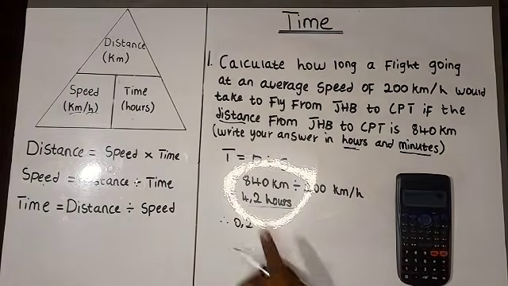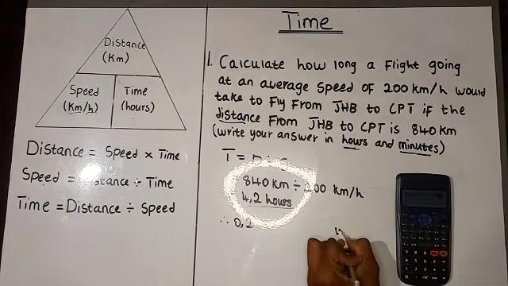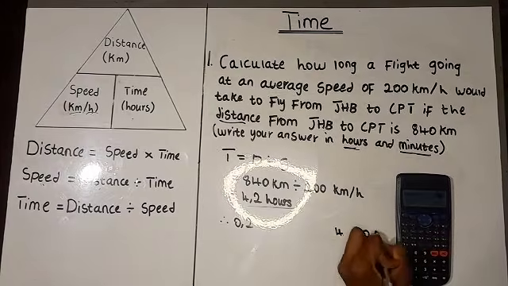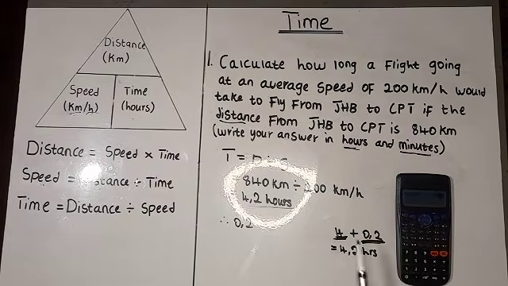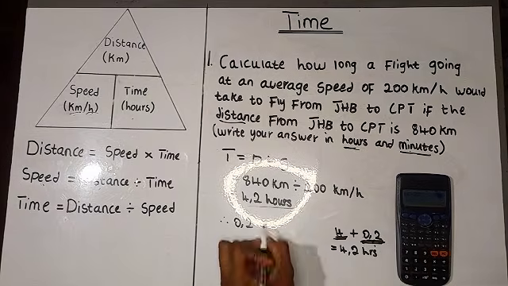Remember, it's 4 plus 0.2, which makes 4.2 hours. So the hours we just leave as they are, but the decimal one we have to convert to minutes, because our time should be in hours and minutes.